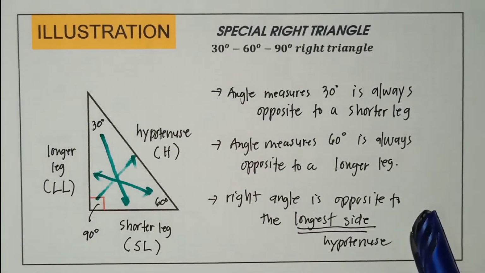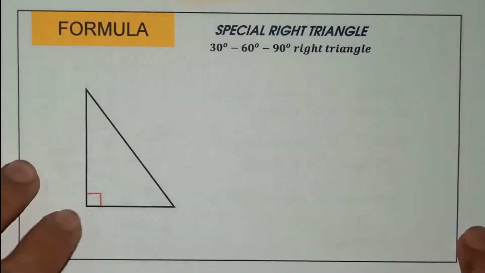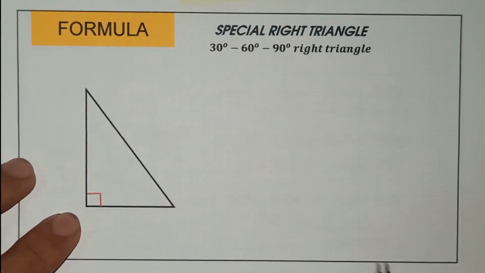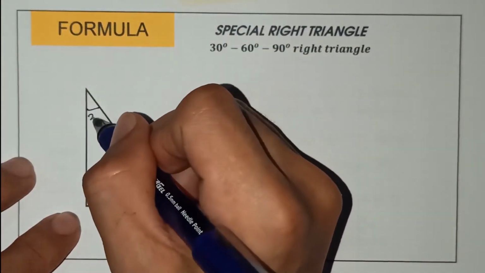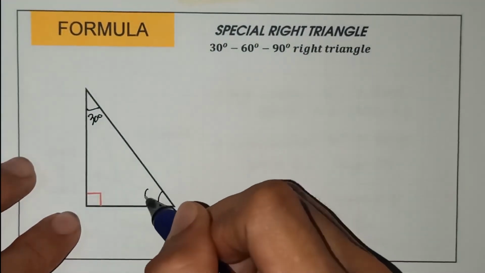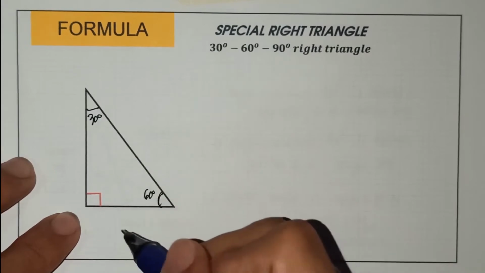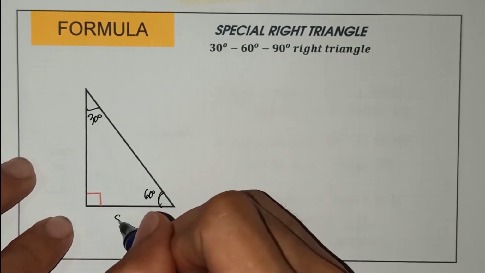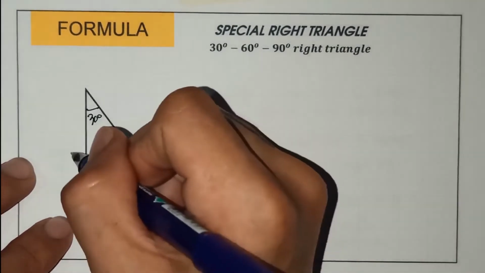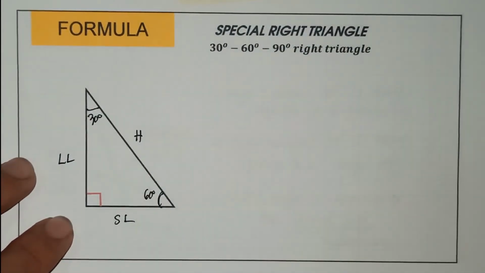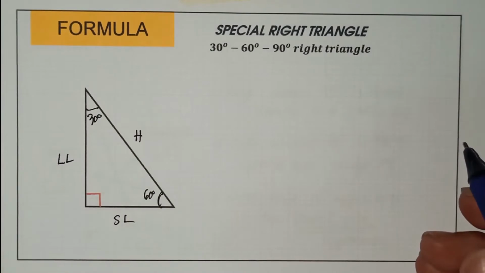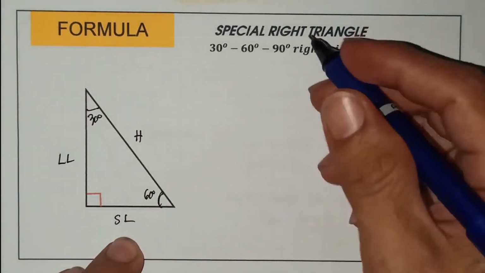So that's it. For the next example, here is the formula. What is the formula of a 30-60-90 right triangle? This is 30 degrees, the other one is 60 degrees, this is the shorter leg, the other one is the longer leg, and this is the hypotenuse. Let's say we're looking for the shorter leg.